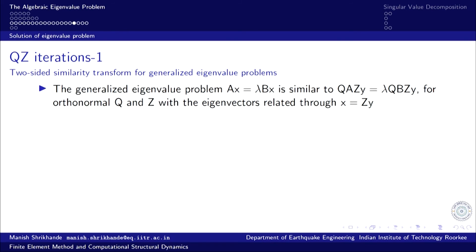Similarly, QZ iterations are two-sided similarity transforms, similar to QR iterations, but applicable to the generalized eigenvalue problem. The advantage is that these QZ iterations are numerically robust even if matrix B is near singular.